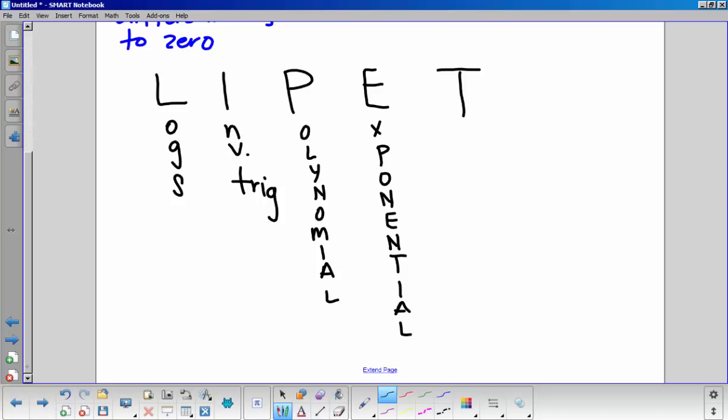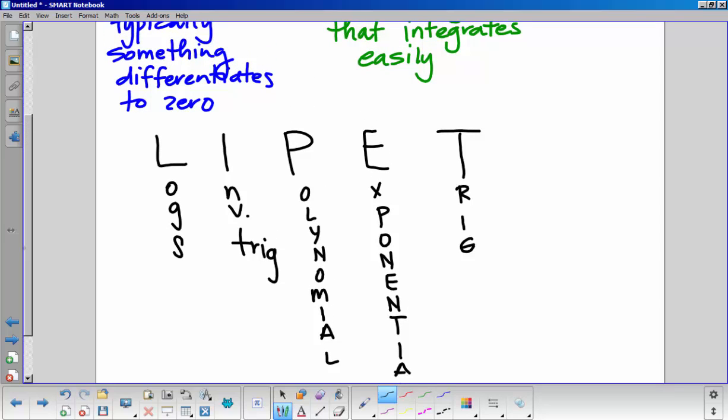Where are you reading this from? He's probably got my notes somewhere, right? You probably bought them from somebody. So trig functions. So LIPET stands for the order in which you should choose u. So logs go first, inverse trig second, polynomials third, exponentials fourth, and trig functions fifth.